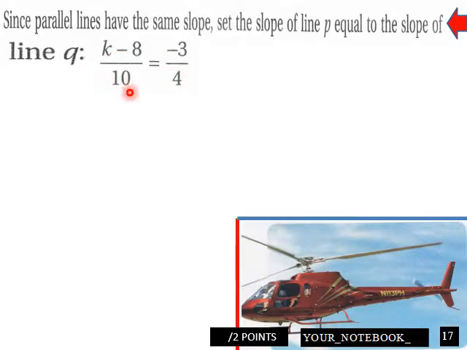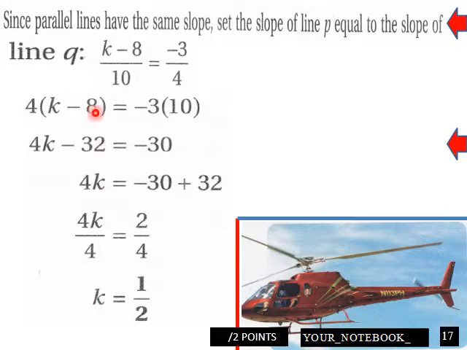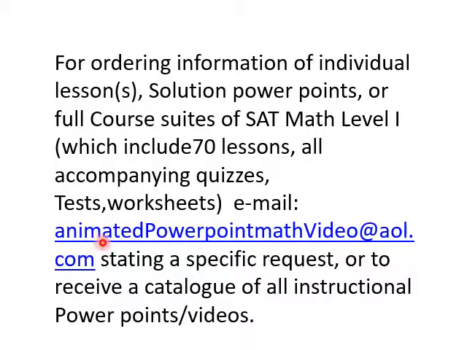So we plug that in here, k minus 8 over 10 equals negative 3 over 4. 4 times k minus 8 equals negative 30. And then we get 4k equals this, k equals 1/2. So that would be our k point.